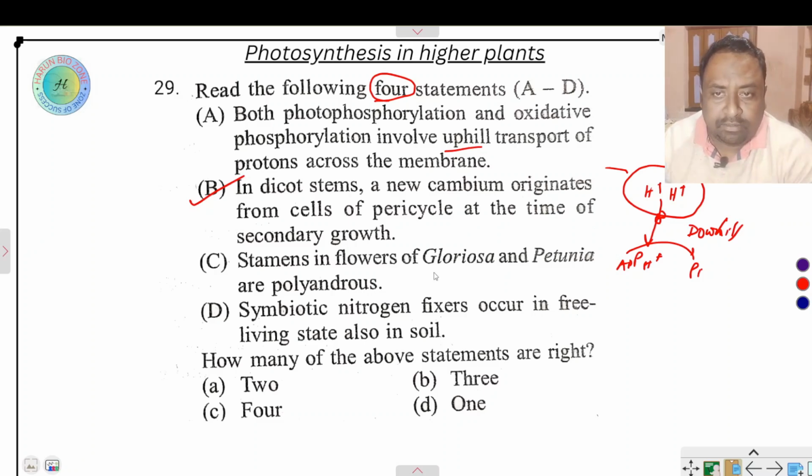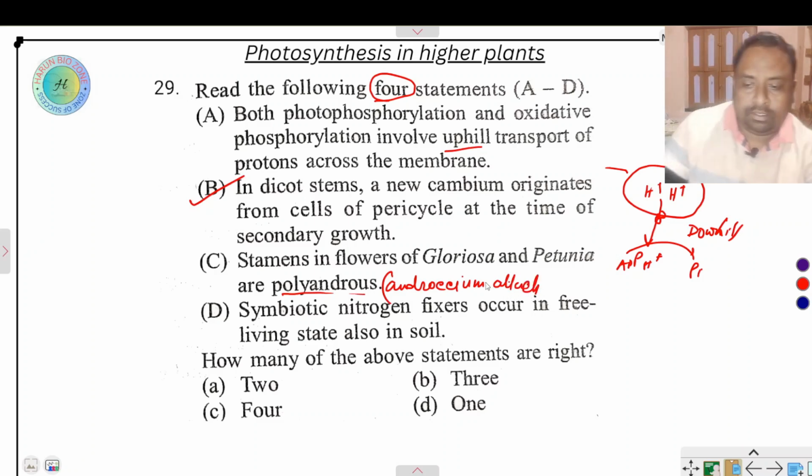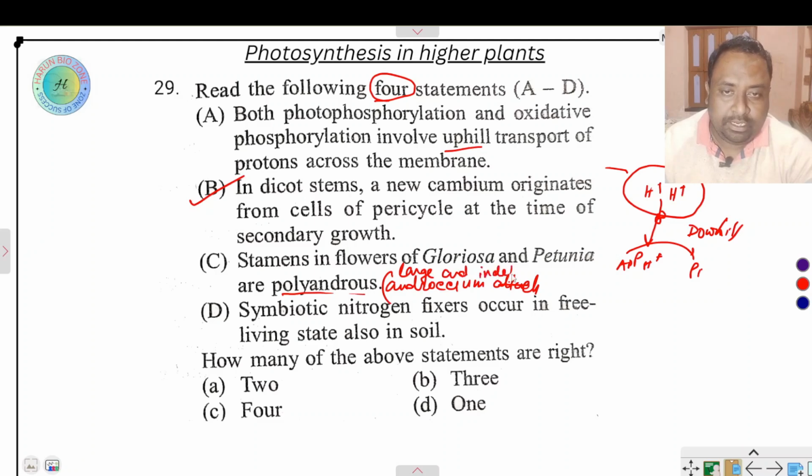Statement in flower: stamens in flowers of Gloriosa and petunias are polyandrous. Polyandrous means the androecium is attached with carpel and petals? No. Here a large and indefinite number of androecium is present.